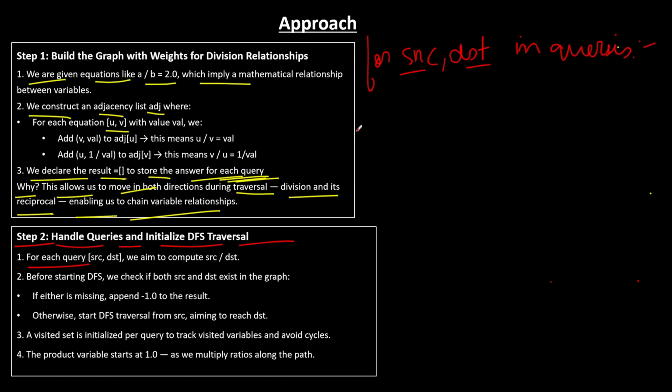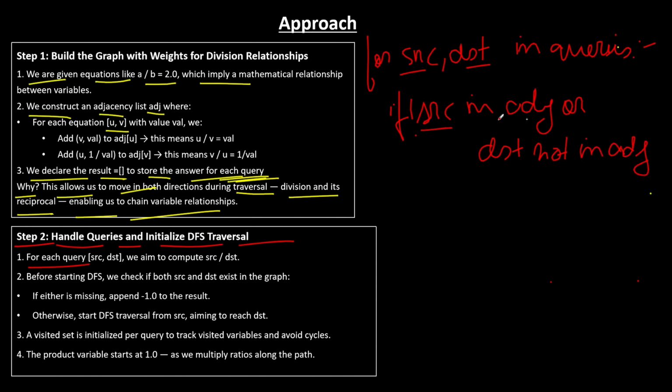And we will check if the source is not in our adjacency, or the destination is not in our adjacency. If we don't have either source or destination in our adjacency list, we will append -1 to the result we created already.